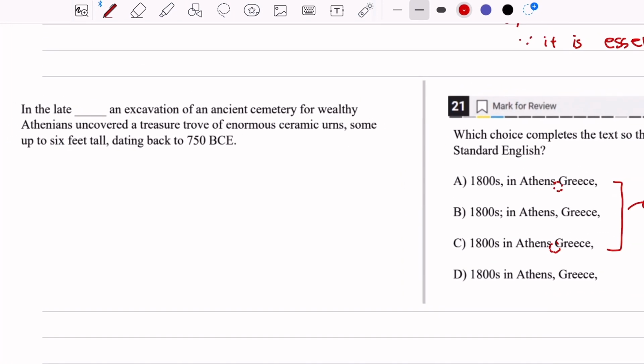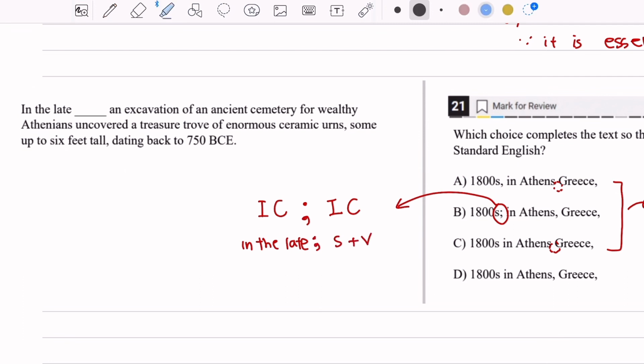Okay, in the late 1100s, comma, or just in Athens, I think those make sense, but not the semicolon, because when you use a semicolon, there should be an independent clause and an independent clause. But here in the text, there's only in the late, semicolon, then a clause.